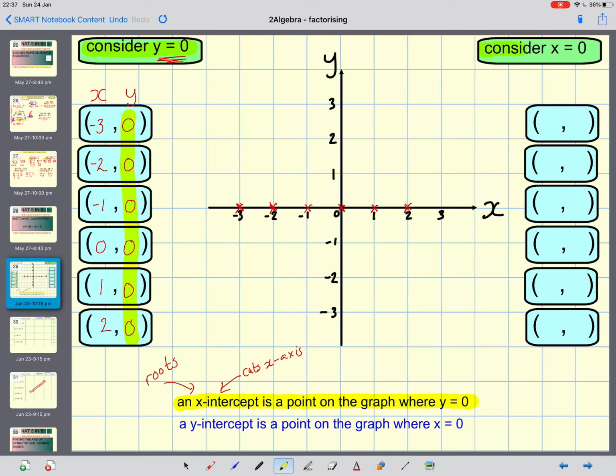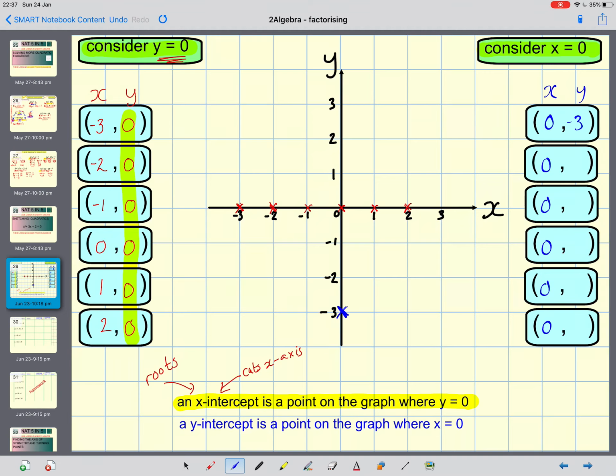Okay, now over the top right, we're going to consider x is equal to 0. So again, this is your x, this is your y. Every time your x coordinate is 0, if you consider y being -3, I'm going 0 along the x direction and then 3 down in the y direction.